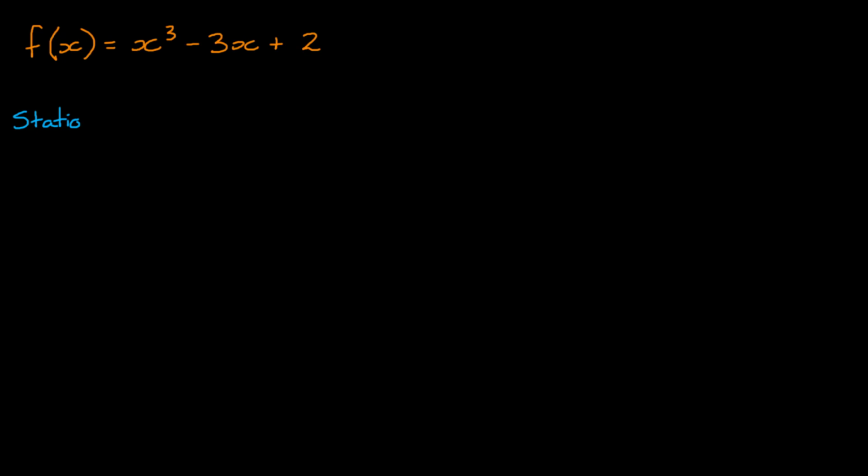So what we're after now are stationary points. And for those, we are going to need our derivative function, f dash x equals 3x squared minus 3. And of course, stationary points have derivatives equal to 0.